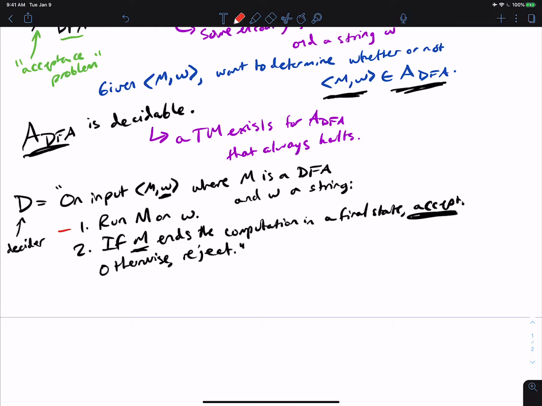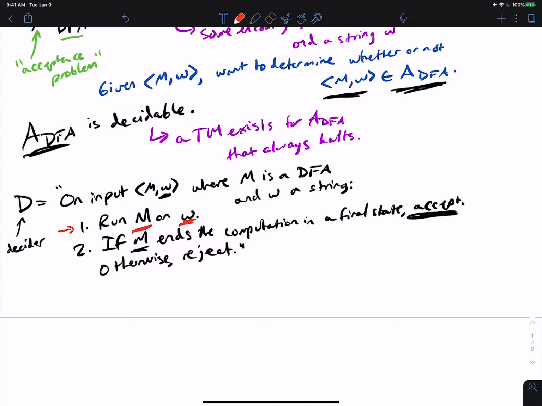So this first step runs in a finite amount of time because, well, the string W is of finite length. We don't have an infinite length string here. And M is a finite length description of a Turing machine.